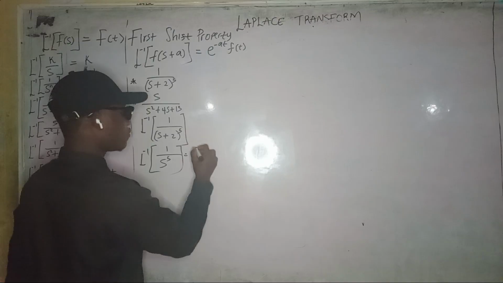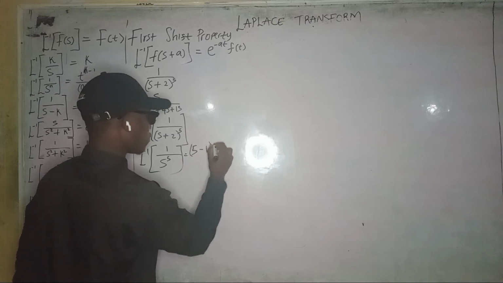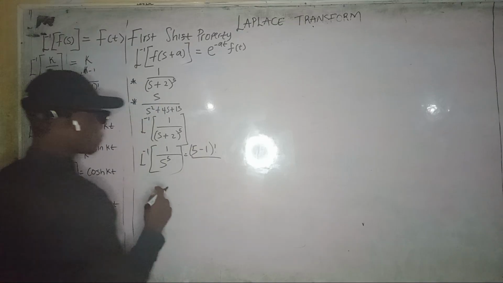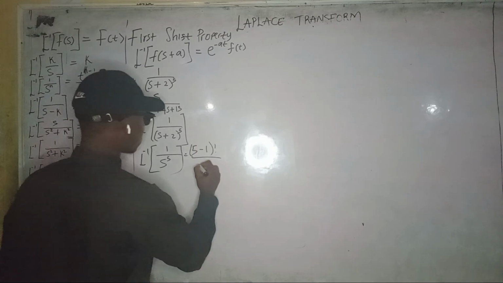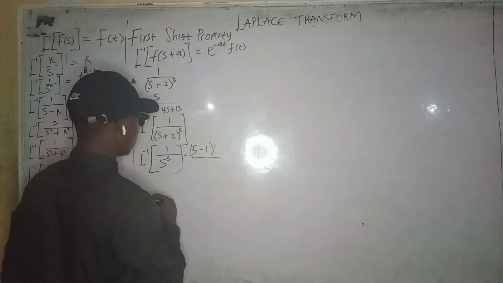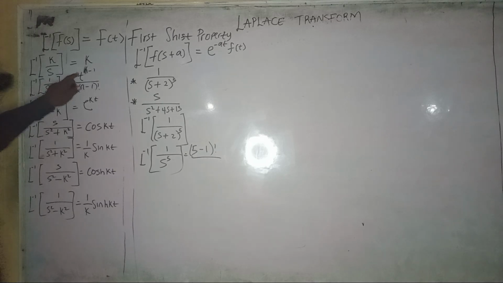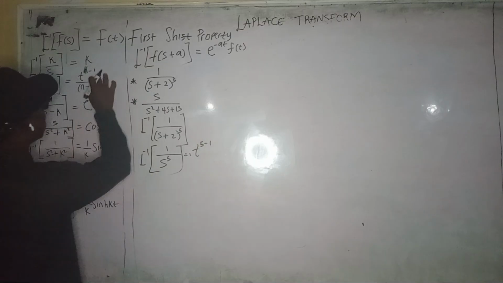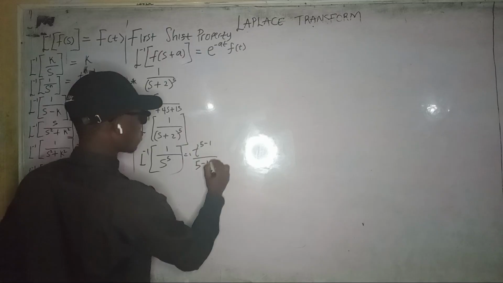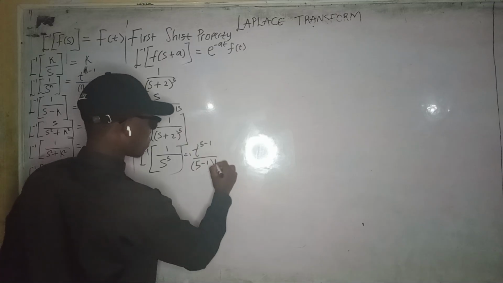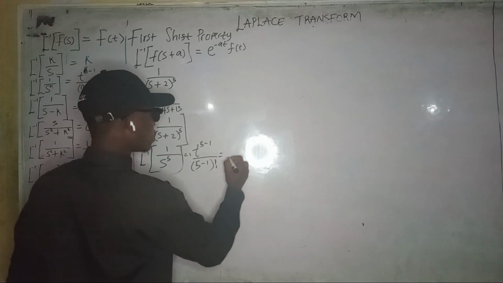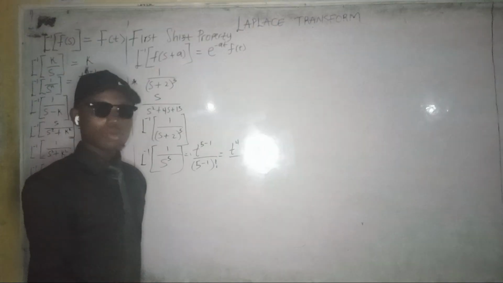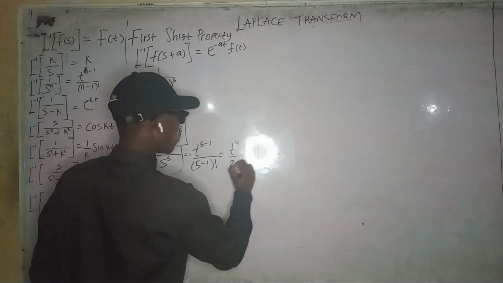Naturally, this is going to give us t raised to power 5 minus 1 over 5 minus 1 factorial. This is going to eventually give us t raised to power 4 over 4 factorial. 4 times 3 is 12, 12 times 2 is 24, times 1 is still 24, so over 24.